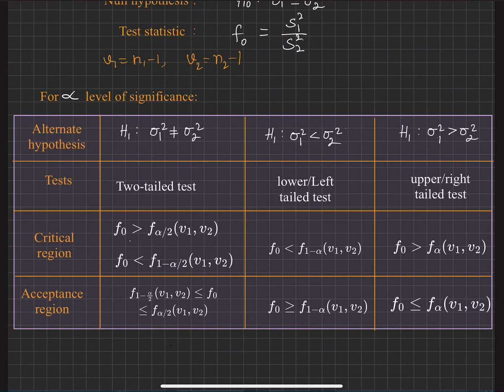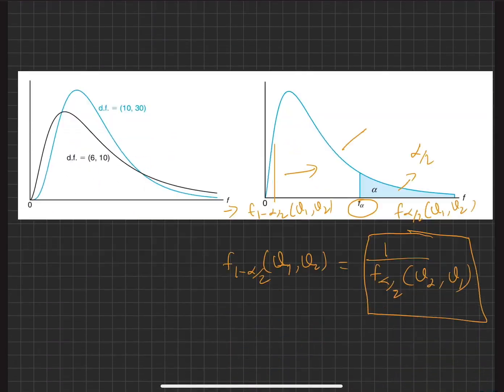Similarly, we can have the rejection region for the lower or left-tailed test and right-tailed test, and the remaining portion will be the acceptance region in all the three cases. We'll illustrate this with an example.